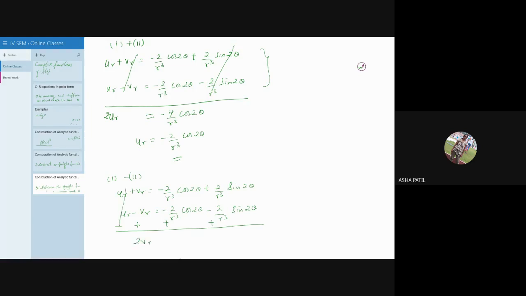We have 2 times vr is equal to, the first term gets cancelled, 2 by r cube sin 2 theta, again plus 2 by r cube sin 2 theta. It is 4 by r cube sin 2 theta.